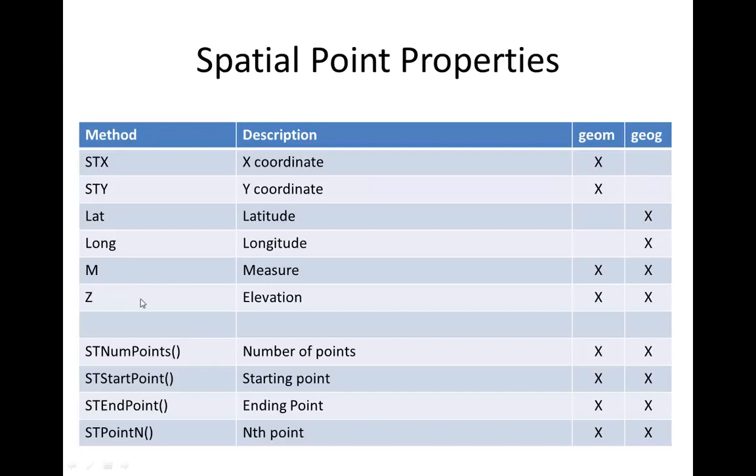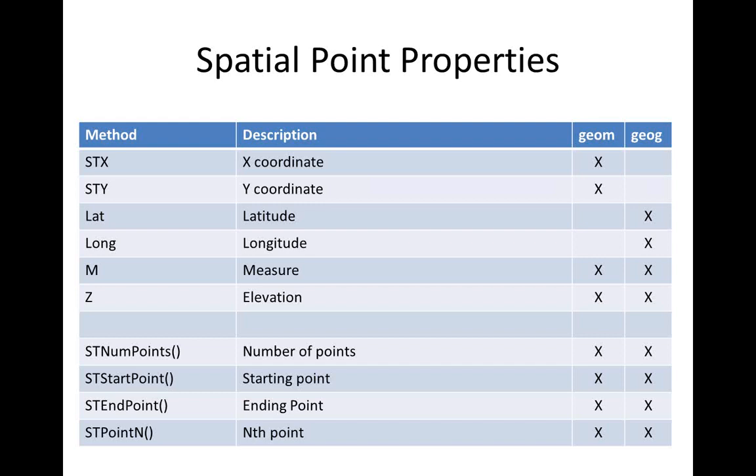So the z value can define an elevation of a given latitude and longitude, so an object, but the measure can store some kind of arbitrary numeric value. The measure isn't used in any kind of spatial calculations. It's just kind of metadata that's stuck with the geometry or geography object.